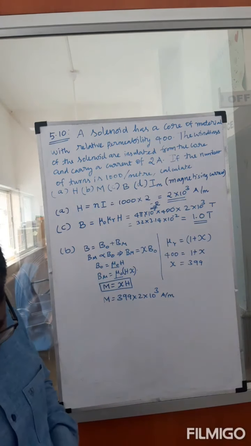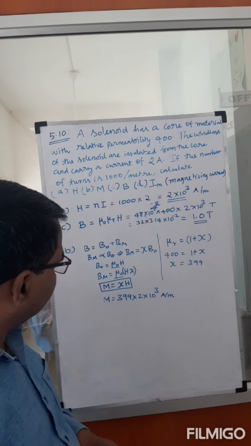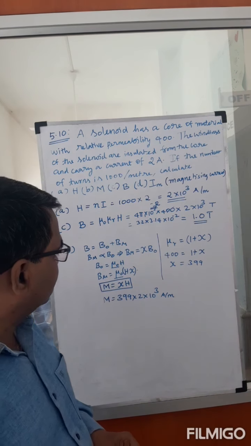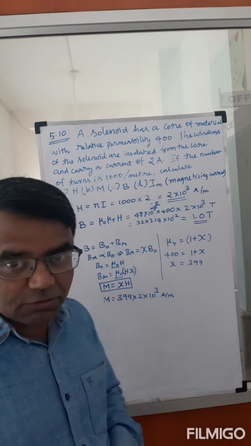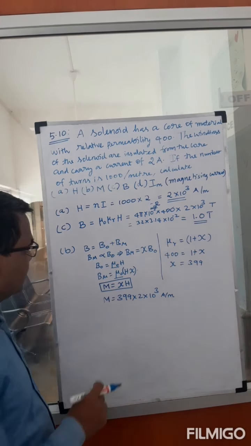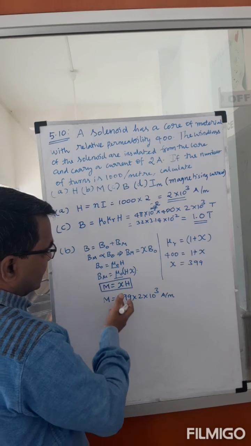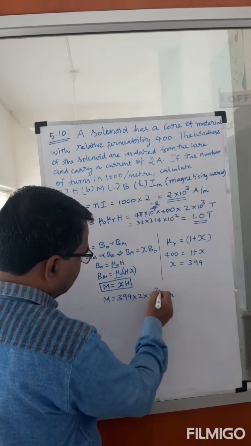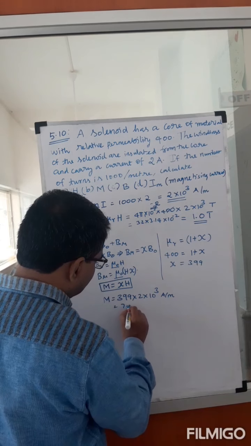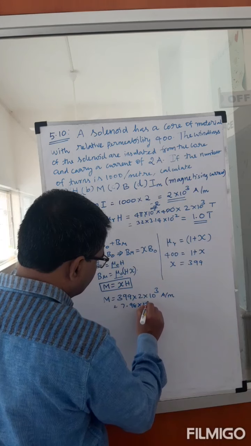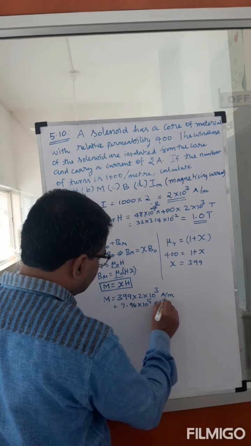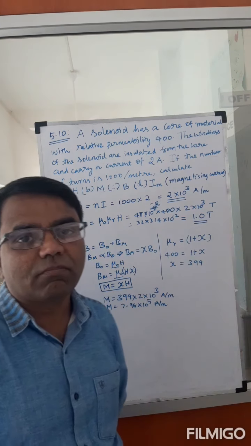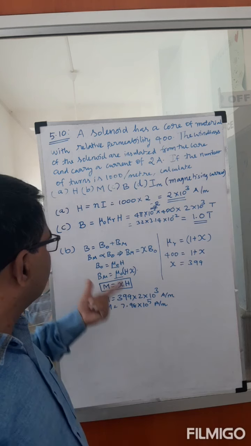That would give you a value of somewhere around 8, right? So it's going to be 798 into 10 power 3. So M is equal to 7.98 into 10 power 5 amperes per meter. That's the magnetization which we got here. So that is how we do B.